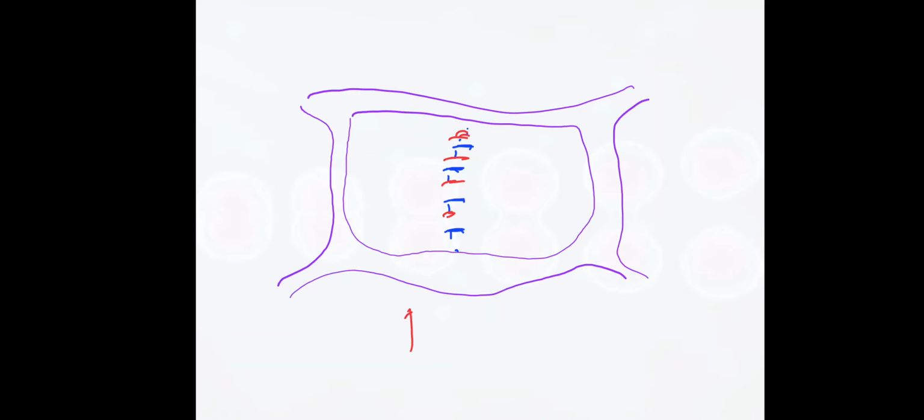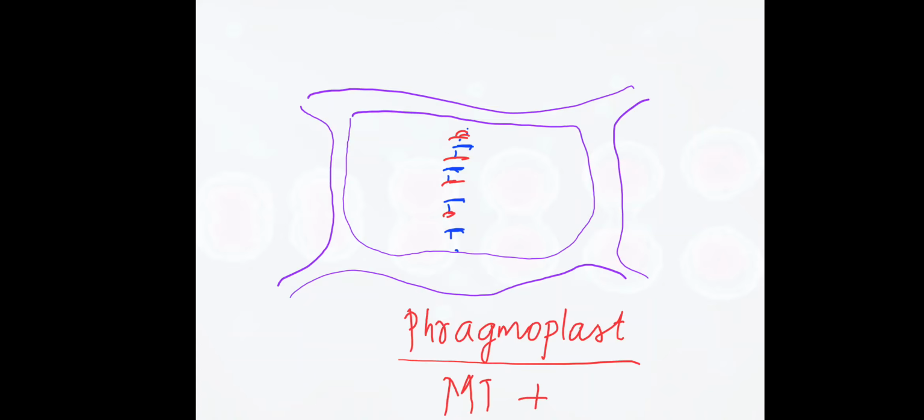That structure is known as phragmoplast. Microtubule plus actin filament forms a cylinder-like structure known as phragmoplast.